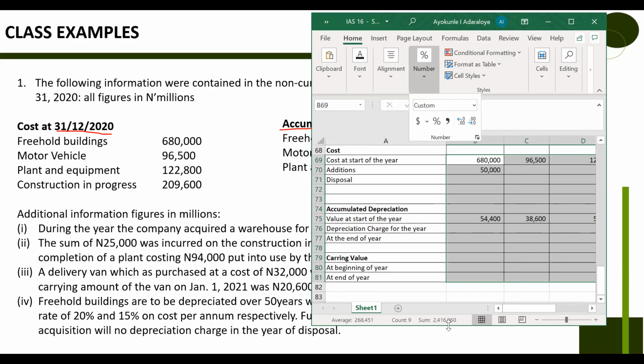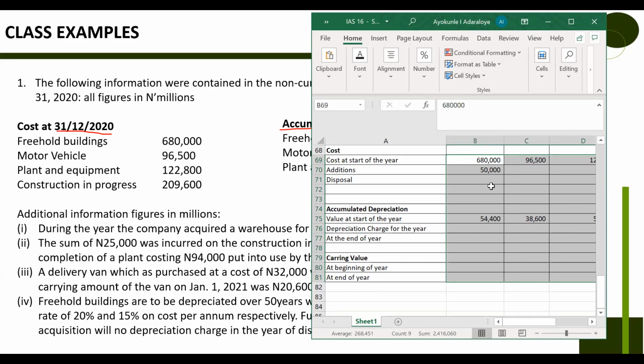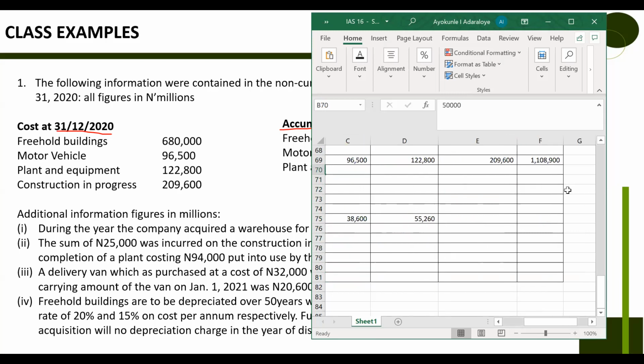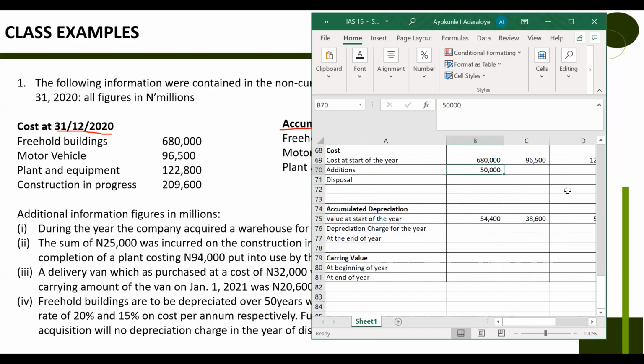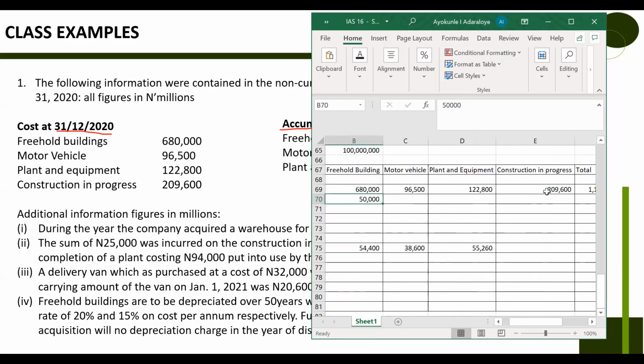This is a tricky part, but I like that we're using this question. What was the first part? The sum of 25,000 was incurred. How do we treat that one? Under construction in progress, is it going to be addition or disposal? Addition. Thank you. 25,000.